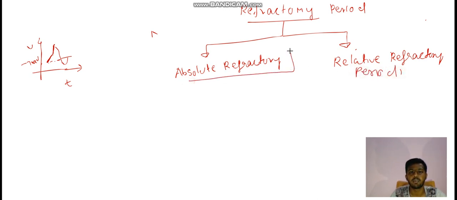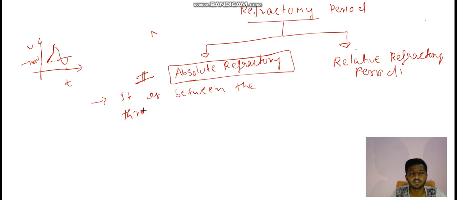So what is the absolute refractory period? In the absolute refractory period, remember, it is between the threshold potential, which is minus 55 millivolt, to 1/3 of repolarization.